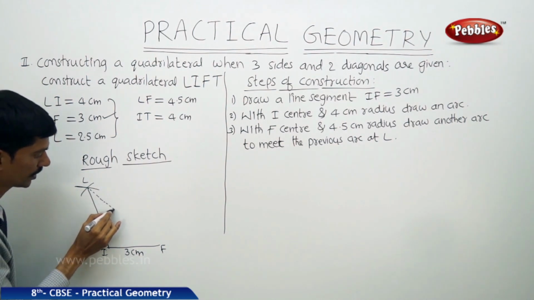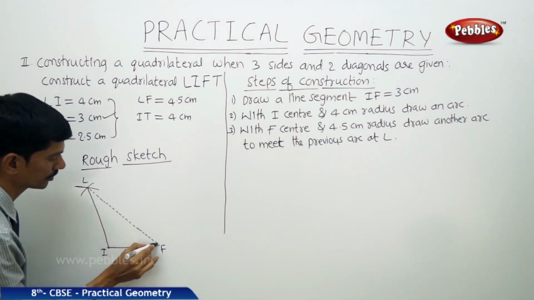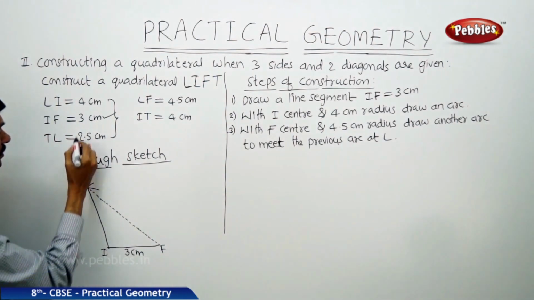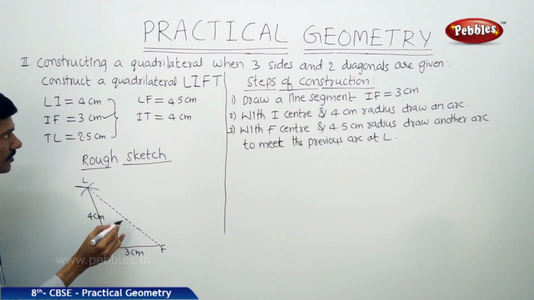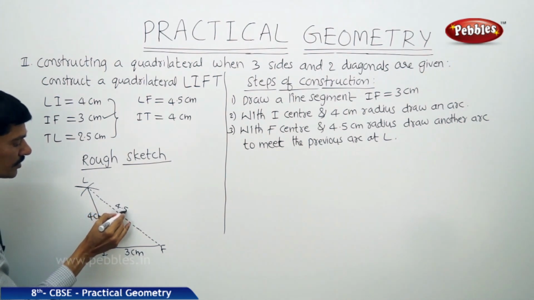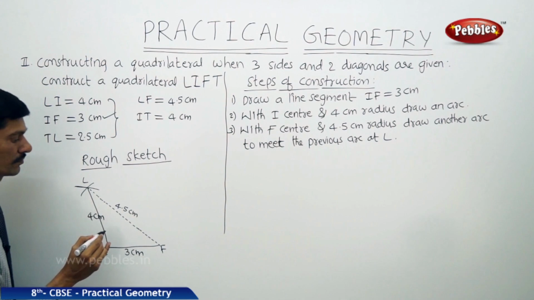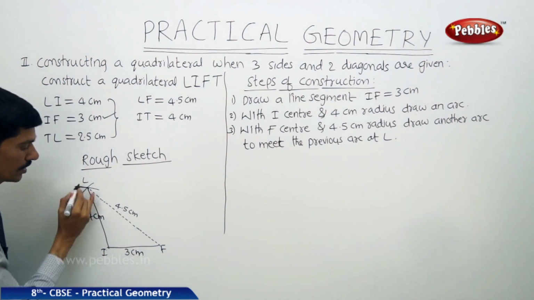As LF is the diagonal, let us draw the dotted line. So here LI is 4 centimeters and LF is 4.5 centimeters. So join LI and LF.